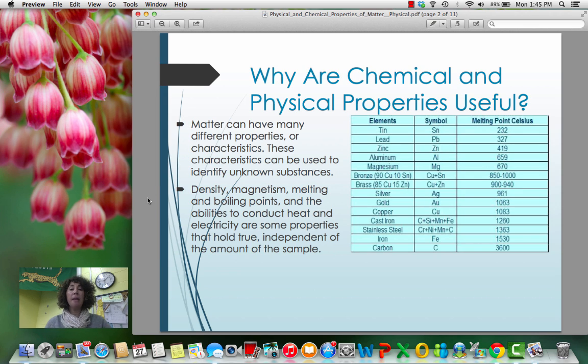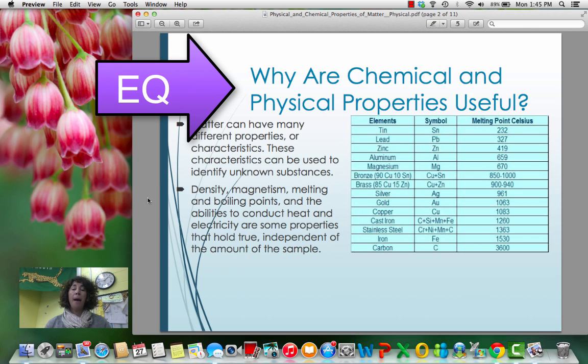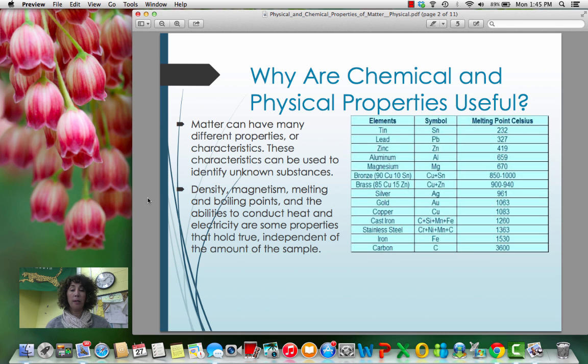Okay, so how can they be useful? We know that matter has a ton of properties. We can also call them characteristics. The density, magnetism, melting point, boiling point, whether or not something conducts heat and electricity, but those characteristics can be used to help us identify unknown substances.